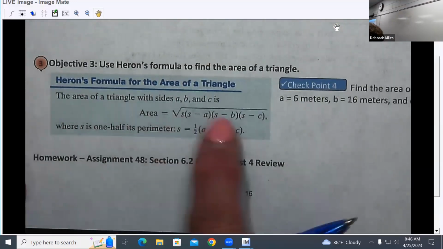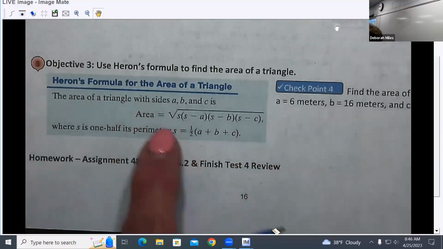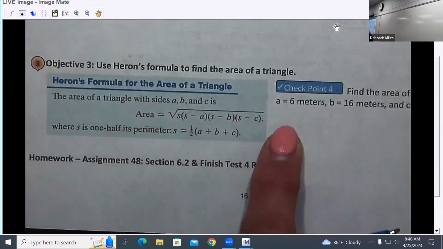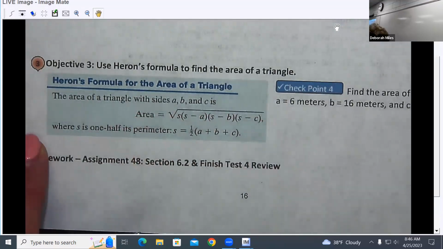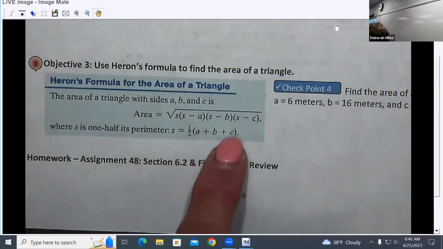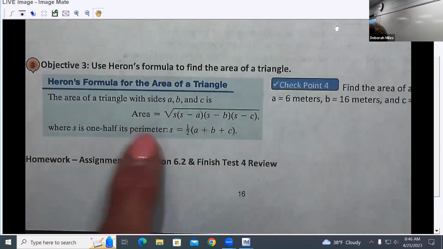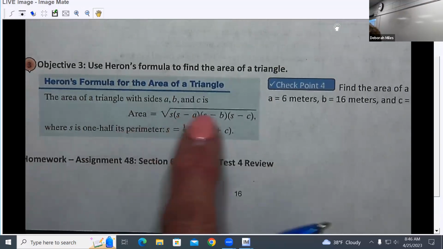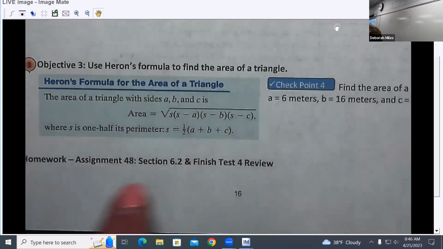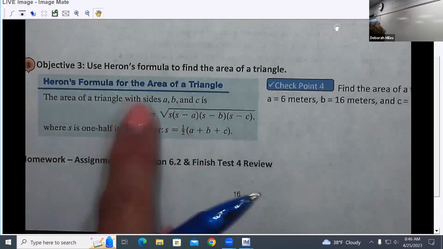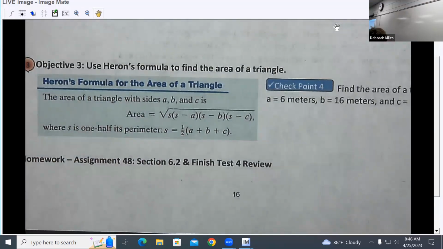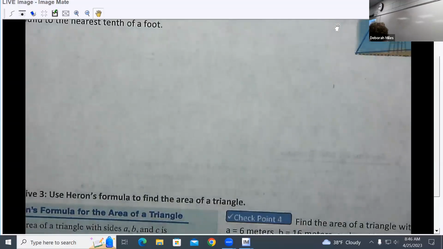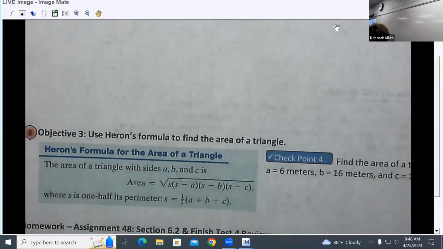Given sides A, B, and C, here's how you find the area. First you have to find S, which is 1/2 of the perimeter. You use that for S, and then you plug in sides A, B, and C, and that will give you the area of a triangle given its 3 sides. Would you like to do that? No. Okay, let's see if we can do our last word problem of the semester.